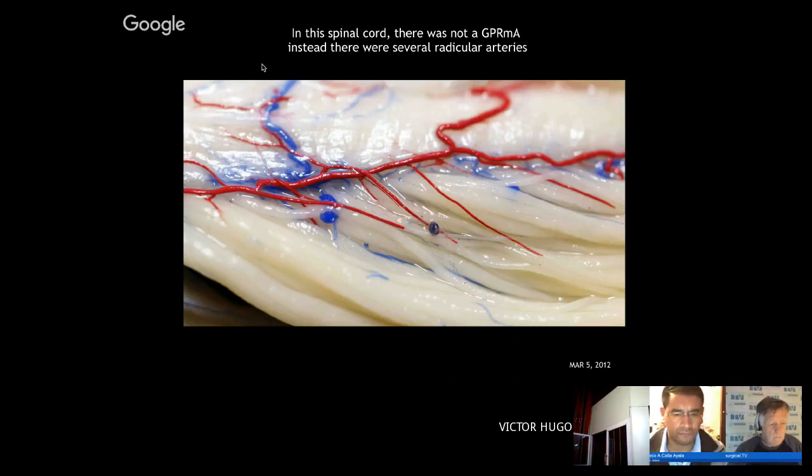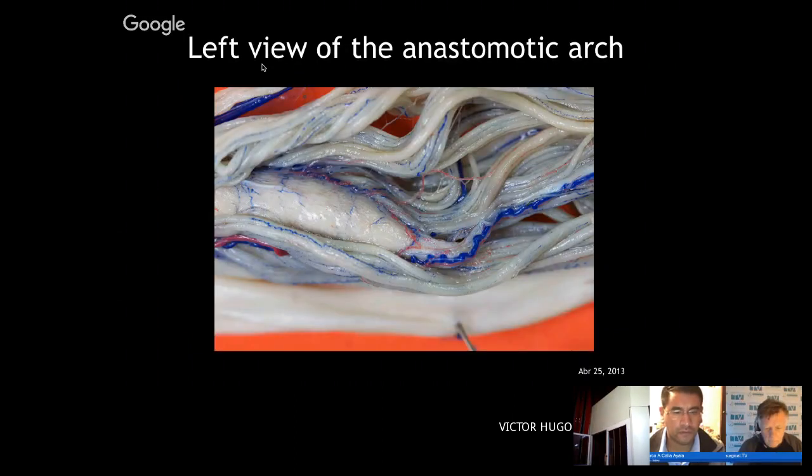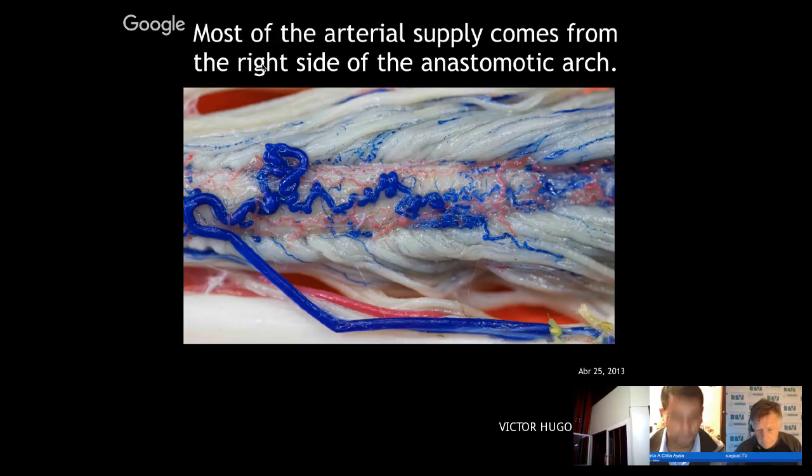Instead, there were several radicular arteries giving rise to a posterior spinal artery. Left view of the anastomotic arch. Most of the arterial supply comes from the right side of the anastomotic arch.